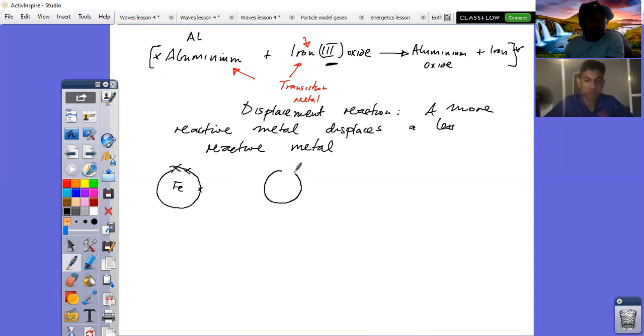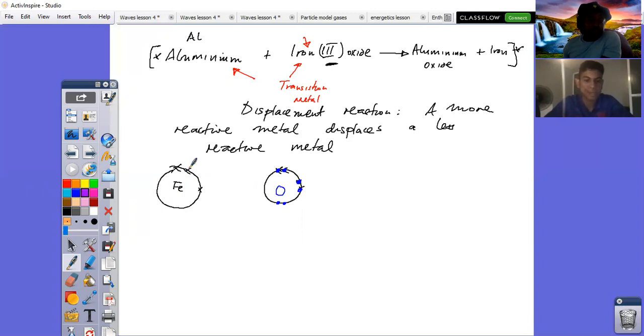Now, how many electrons does oxygen have on its outer shell? 6. 6, correct. I'm going to use a different color. So this is our oxygen. You can do it from first principles and say, if these are going to react, how many electrons from iron does the oxygen need for it to have a full shell? 2. 2, correct.